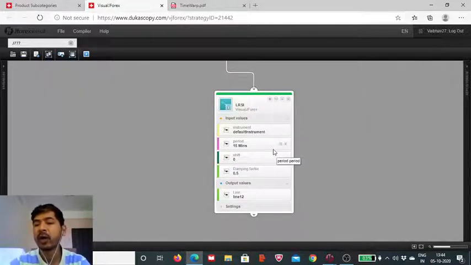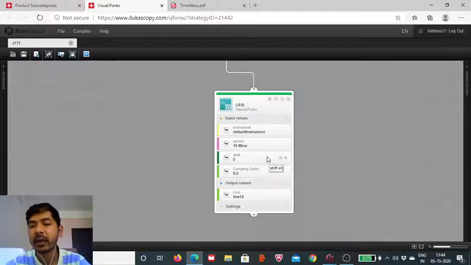Shift is the look back period. If you want to take into account the current value, then the shift needs to be kept at 0. If you want to take into account the prior values, then you need to go back in time by that many candlesticks, and accordingly you have to define this shift variable.